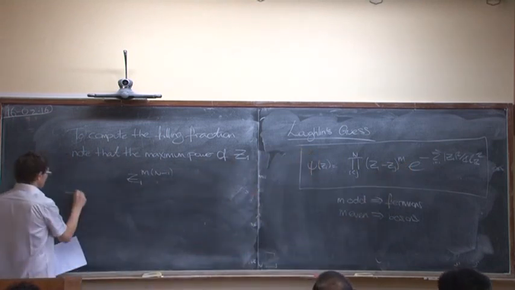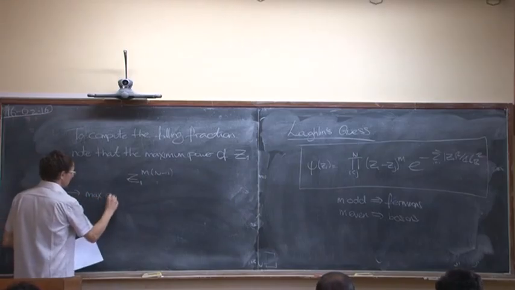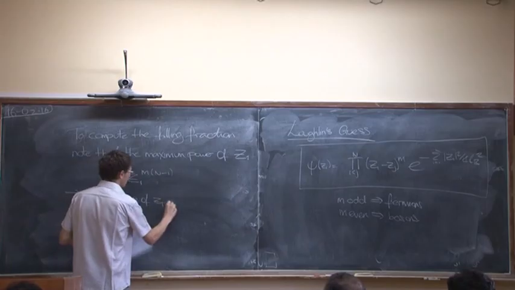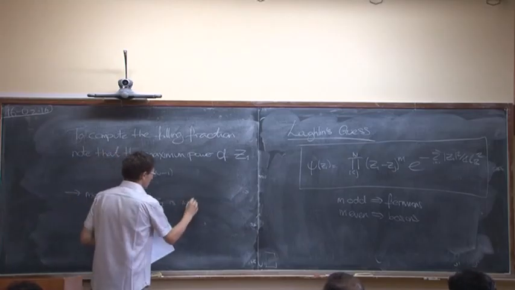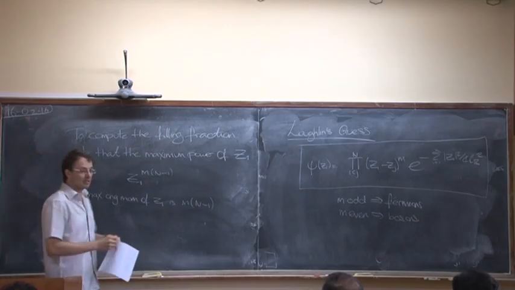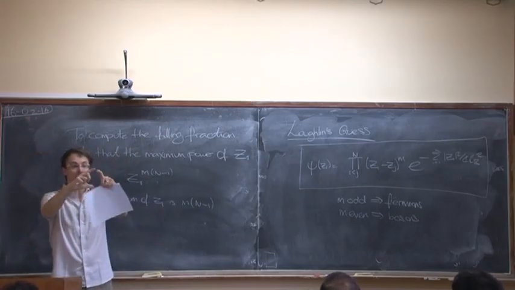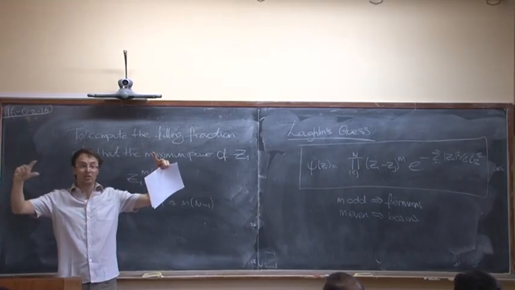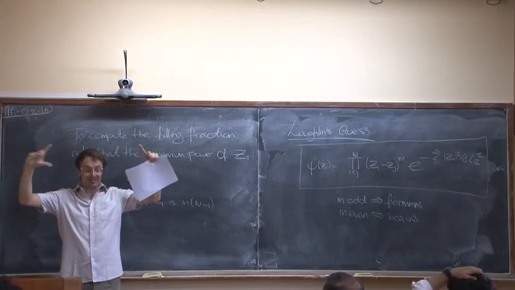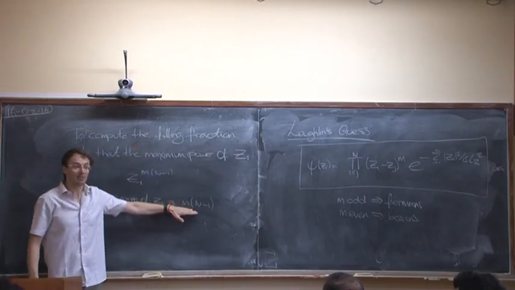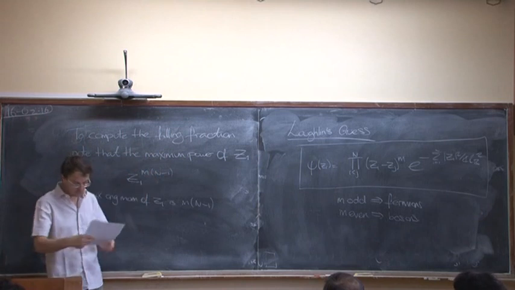Which means that the maximum angular momentum of z1 is m times N minus 1. But remember, these wave functions for z1 with higher angular momentum have higher and higher concentric rings. So the size of the droplet is going to be the size of the wave function with this largest angular momentum ring. That's as far as this wave function spreads.